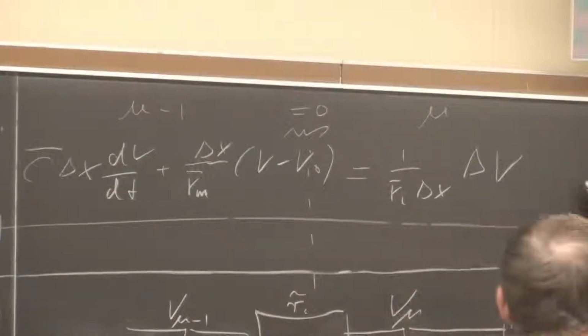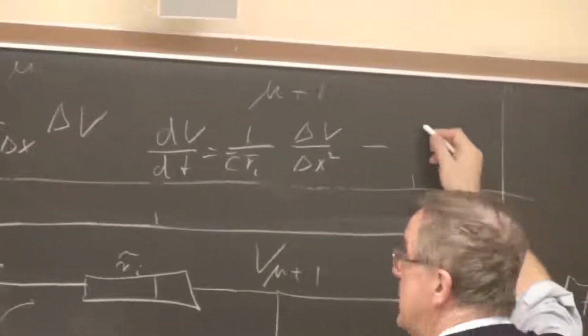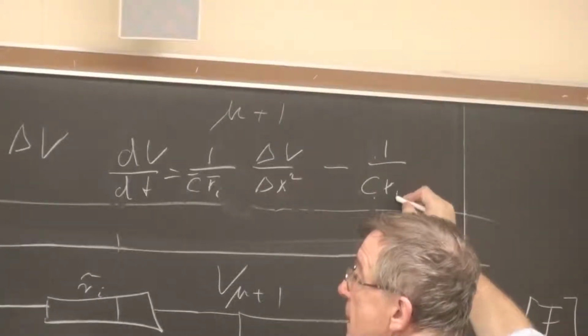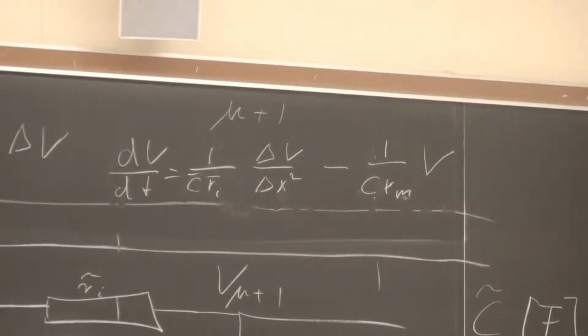And so then I have dV/dt equal to, I divide by delta x, and I'm getting 1 over C bar Ri bar times delta V divided by delta x squared, and then minus 1 over C bar Rm bar times V. Okay, and so now I write this here because this is now a very important equation.